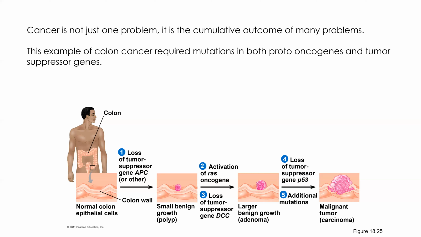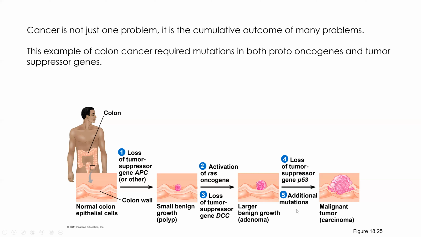If you get mutations in DNA repair, this can send you down that path towards cancer. People with nucleotide excision repair mutations can end up with excessive amounts of skin cancer from normal sun exposure. So DNA repair, while not shown on the slide, definitely is part of this picture.